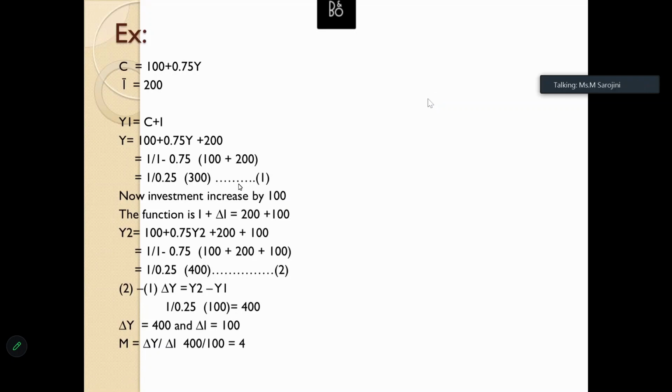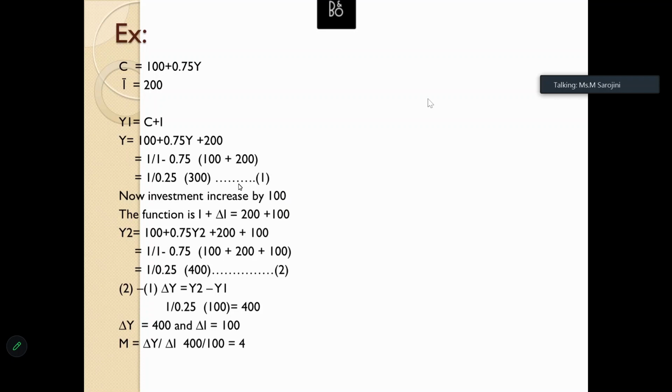Okay. Now let's move to the changes, or derivation of the investment multiplier. Here, we assume that investment increases by 100. Therefore, the delta I should be added to the previous equation. That means already I is equal to 200.